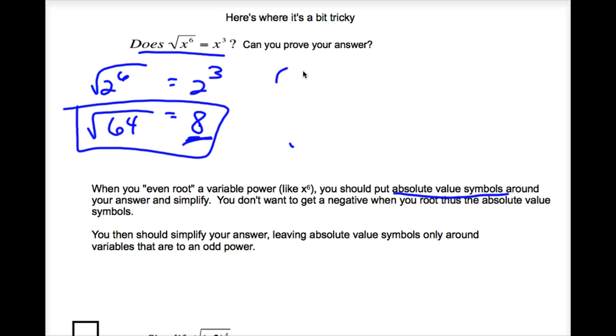If I would have said square root of x to the 5th, you should say x can't be negative, because if I put -2 in here for x, you get the square root of -32, and you'd be going, well, we just said on the previous page that you can't do that, or this one would be imaginary. So it's going to be important to make that connection. Can x be negative? If it can be negative, then we need to use absolute value symbols when we even root.